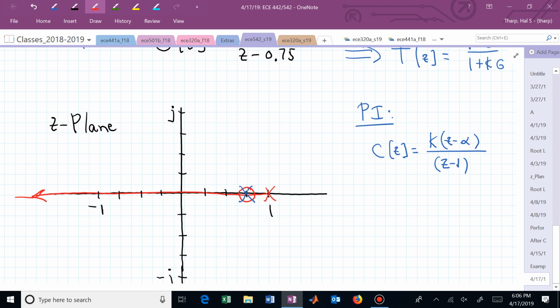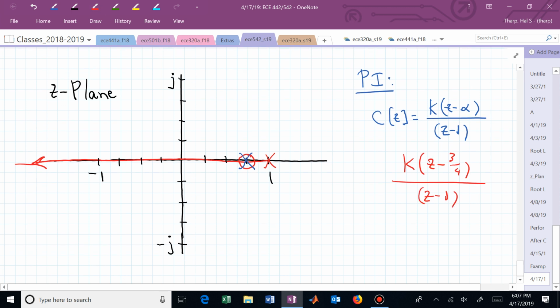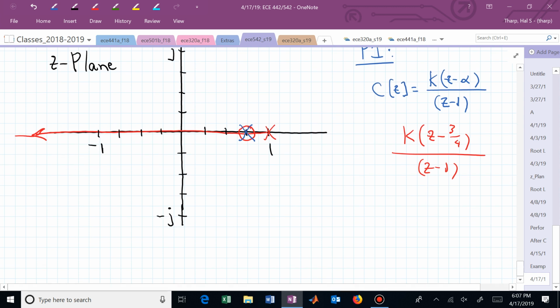So now my PI controller looks like that. And what does my forward loop gain look like?